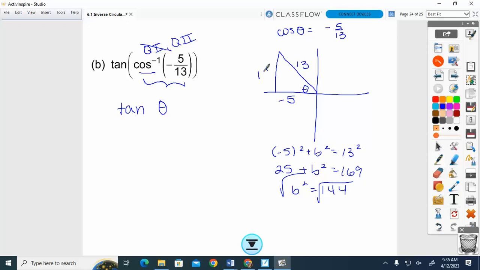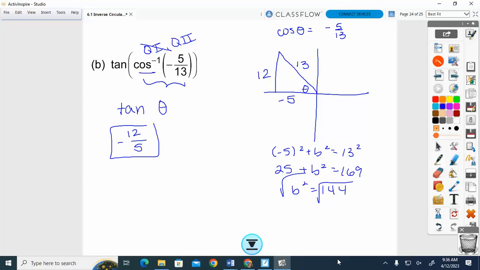Since it's going up, that side would be a positive 12. So how do we do tangent? So 12 over negative 5, negative 12 over 5. Any questions for me?